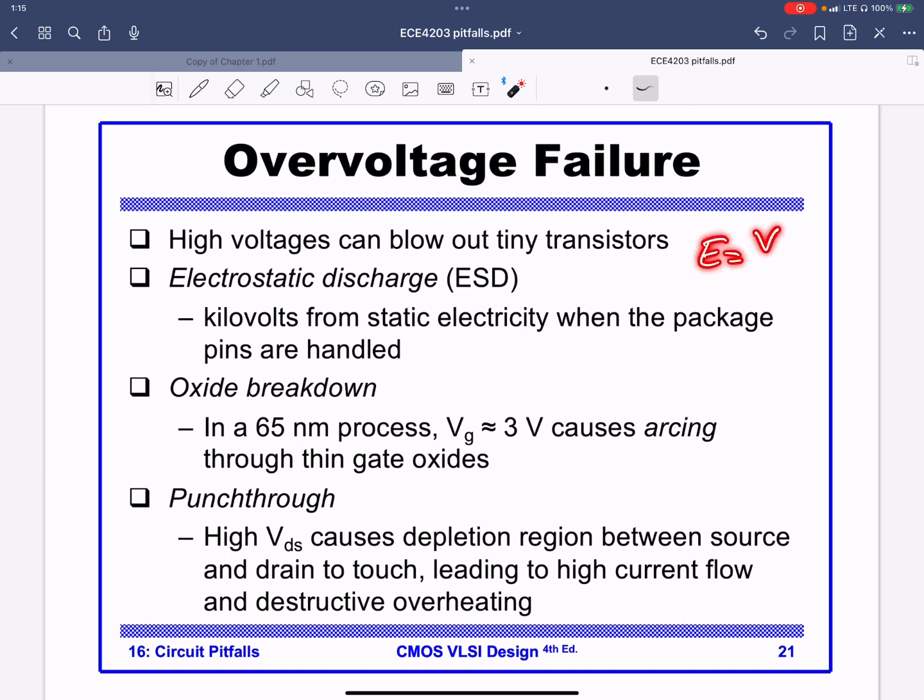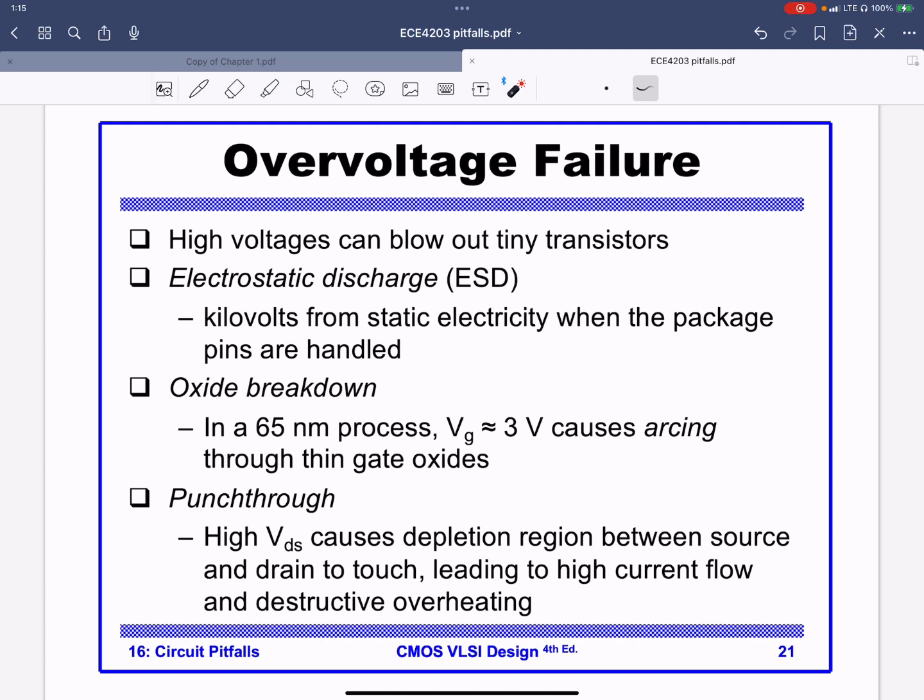When you're talking about very tiny transistors, this distance is very, very short, in nanometers. So you don't need thousands of volts to damage a gate oxide. 3 volts may be enough to affect a thin dielectric.